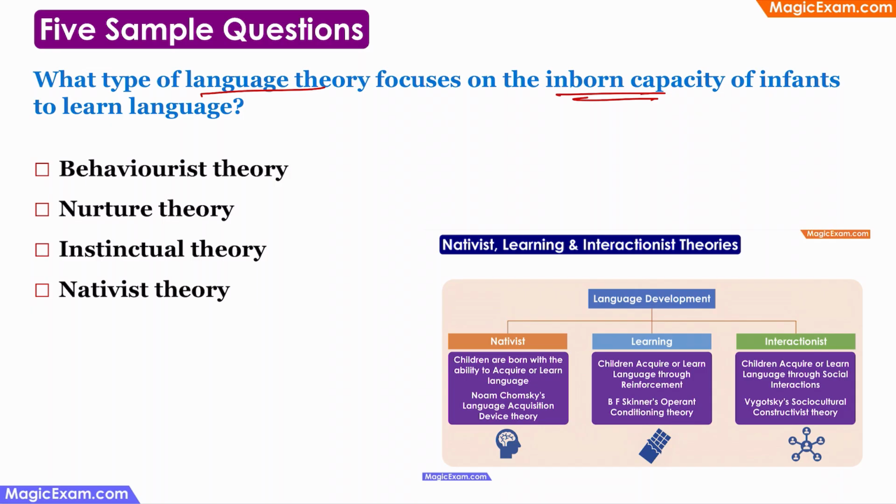So in this video, we studied about 3 main types of language development theories, which are nativist, learning, and interactionist theories. And nativist theory says that children are born with the ability to acquire or learn languages, such as Noam Chomsky's language acquisition device theory. So here the correct answer is nativist theory.